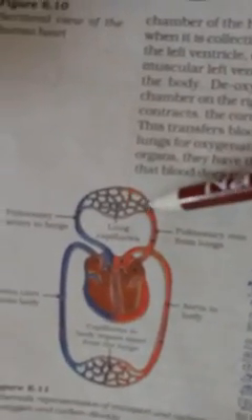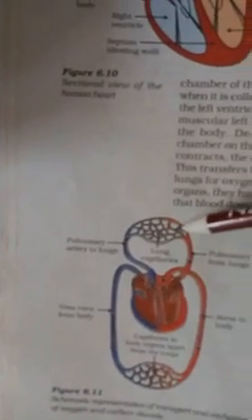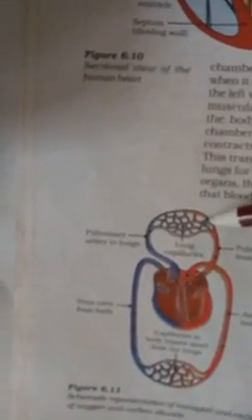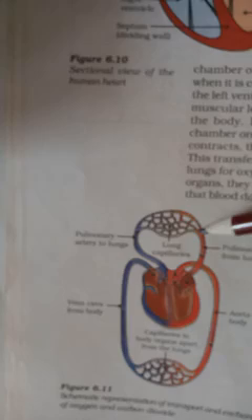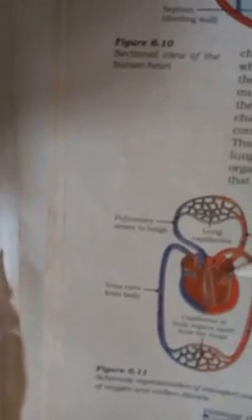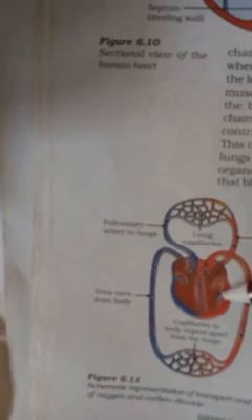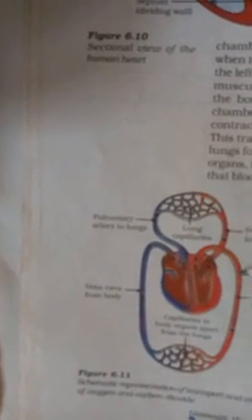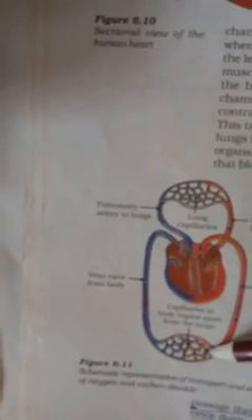When you are inhaling, the oxygen comes here. The capillaries from the lung take the oxygen, which is brought through the pulmonary vein to the left atrium. The left atrium will pump the blood to the left ventricle, and the left ventricle will pump the blood through the aorta, and the aorta will supply this oxygen to the different parts of the body.